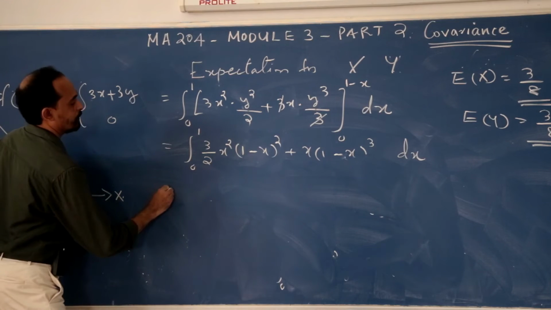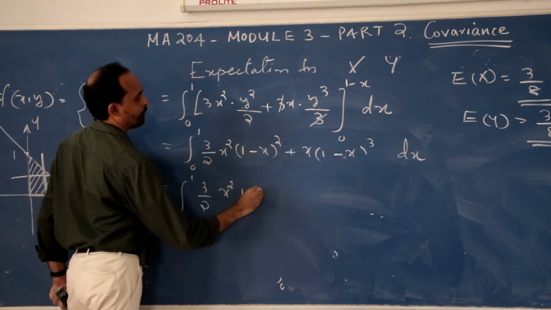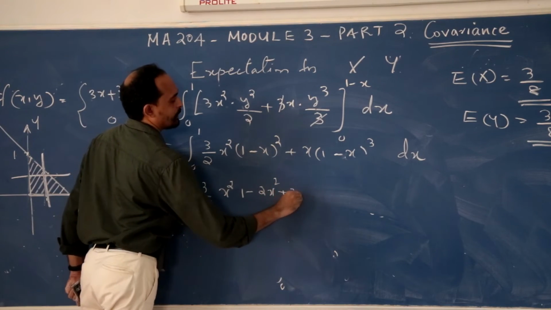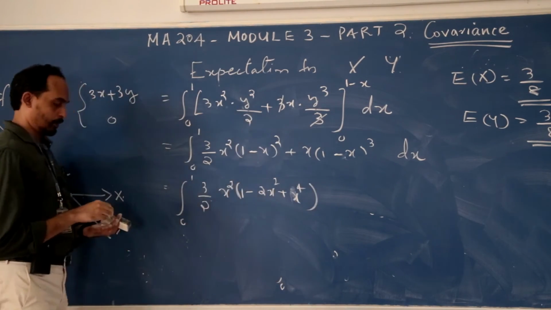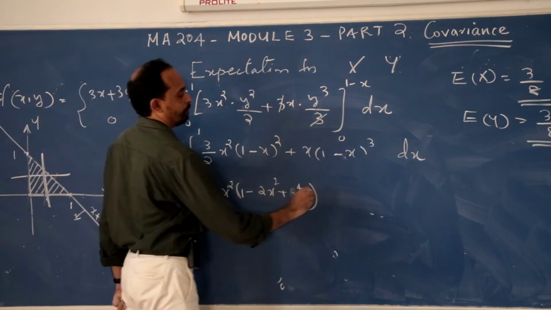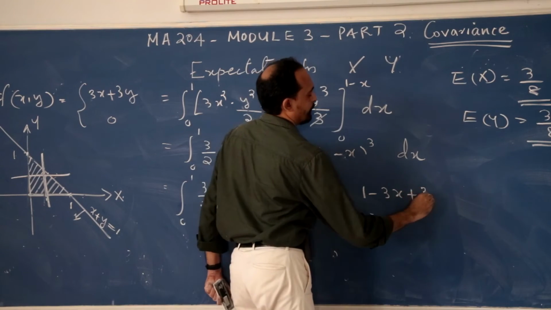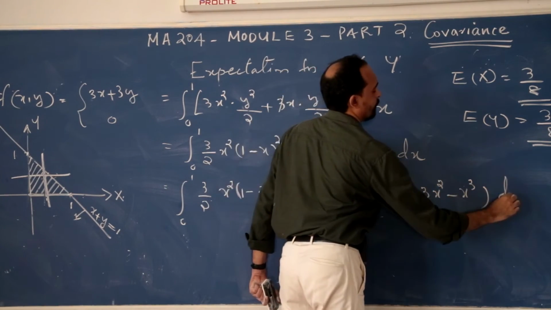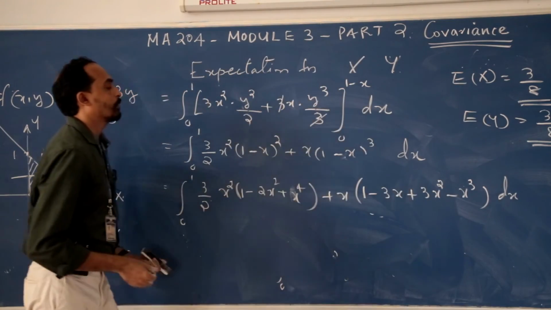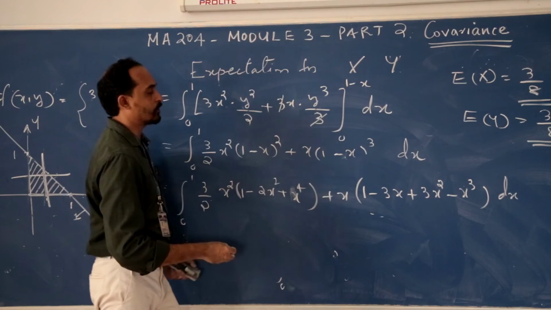Integral 0 to 1, 3 by 2 into x square into (1 minus 2x plus x square), since (a minus b) the whole square is a square minus 2ab plus b square, plus x into (1 minus x) the whole cube, expanding as a cube minus 3a square b plus 3ab square minus b cube.